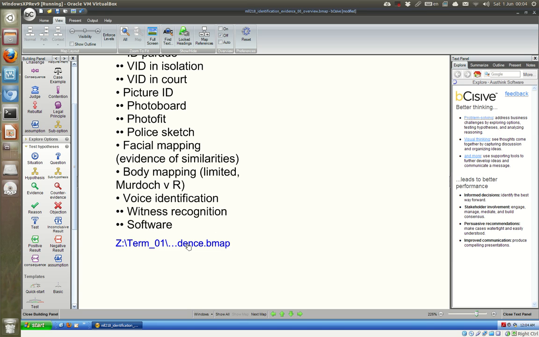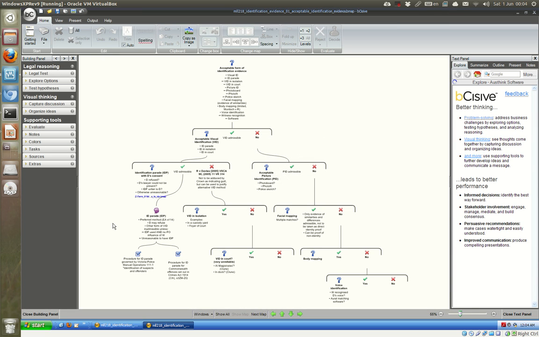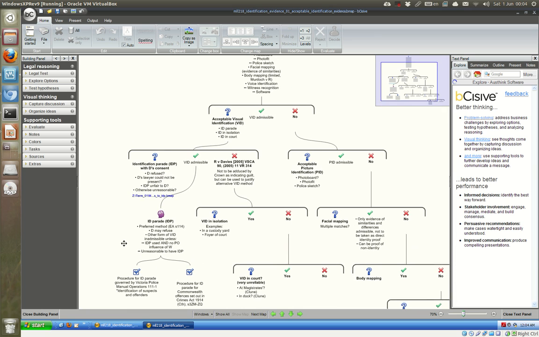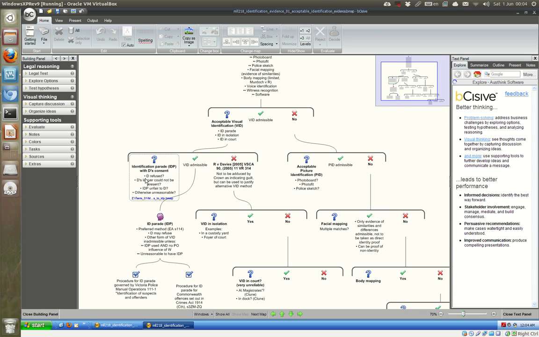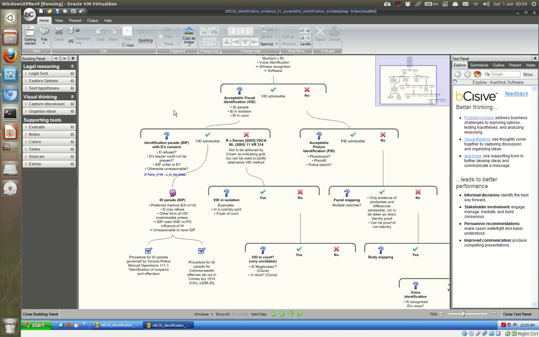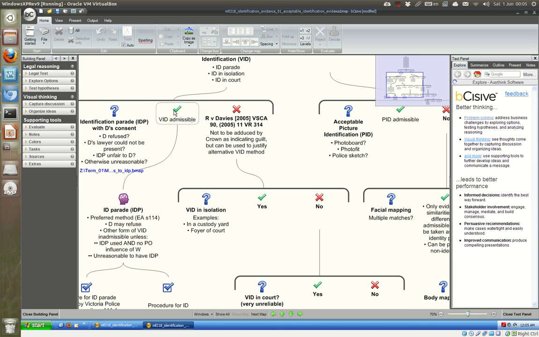So let's go into that a little bit more and see if there's anything else that we need to point out. So if we're talking about identification of the accused in the most compelling, most useful way, we're talking about an identification parade.